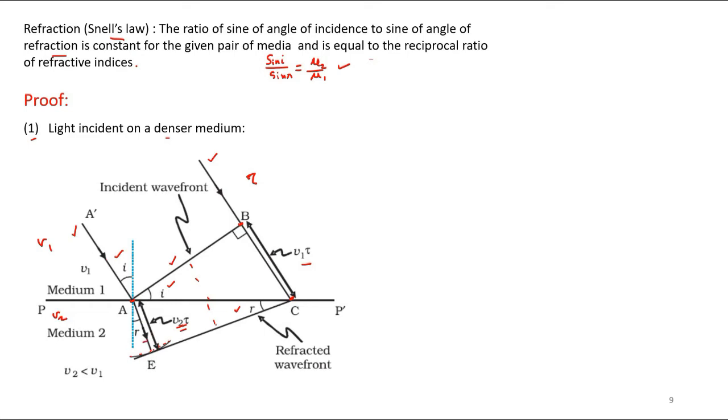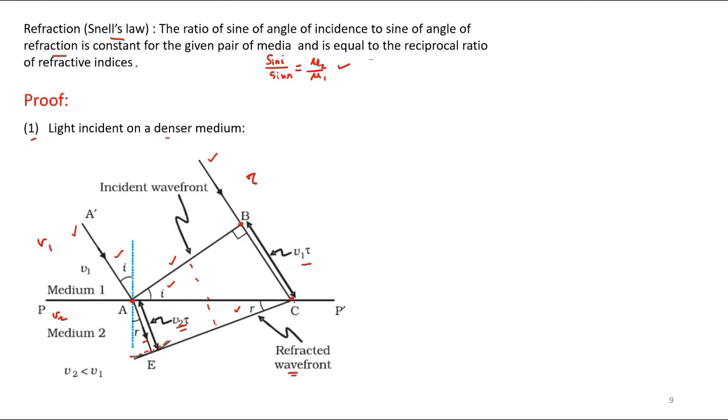Moreover, we are going to consider the wavelet in the forward direction. So just draw an arc whose radius is V2 tau. It will represent distance. Velocity into time is distance. Then draw the tangent from C to that arc. So CE will be the refracted wavefront.